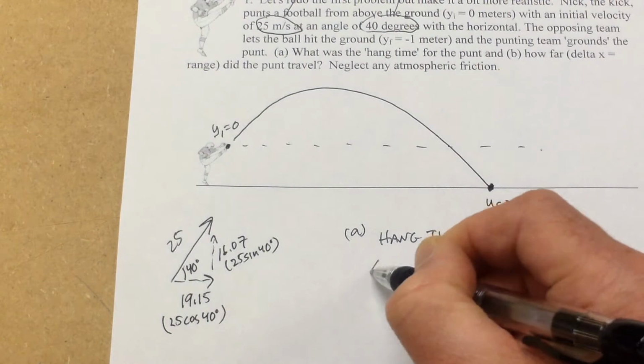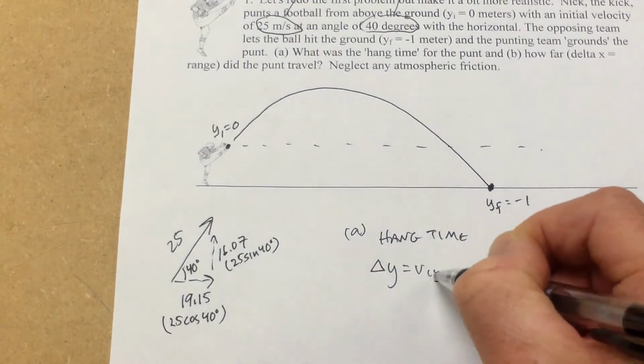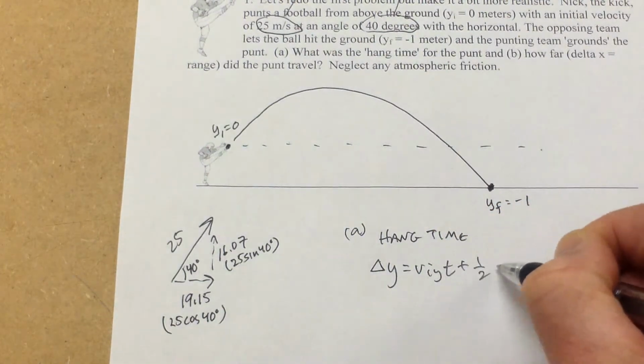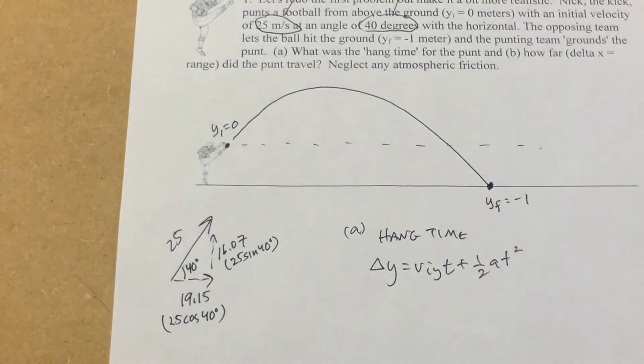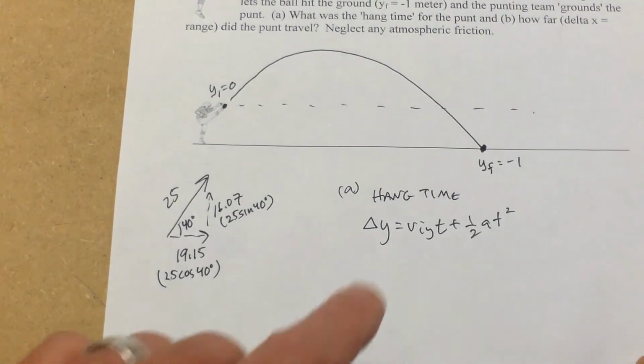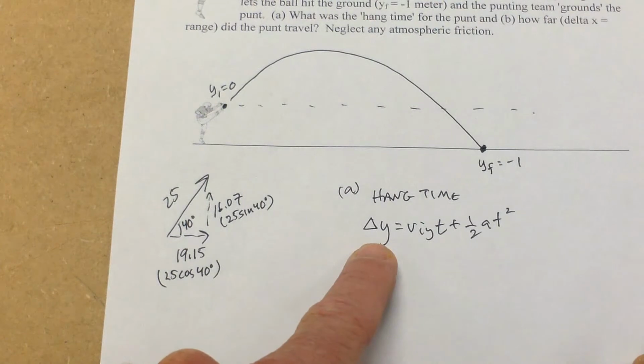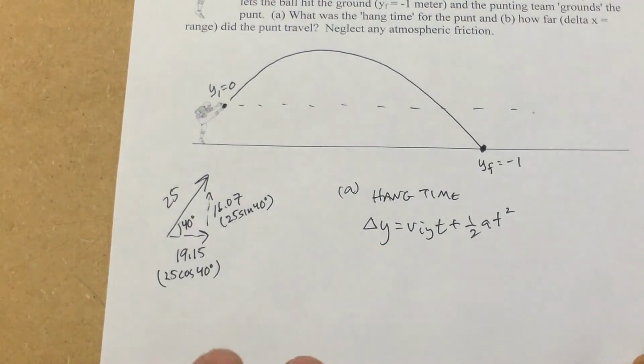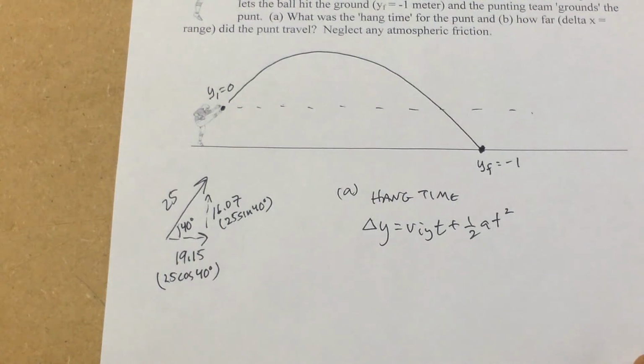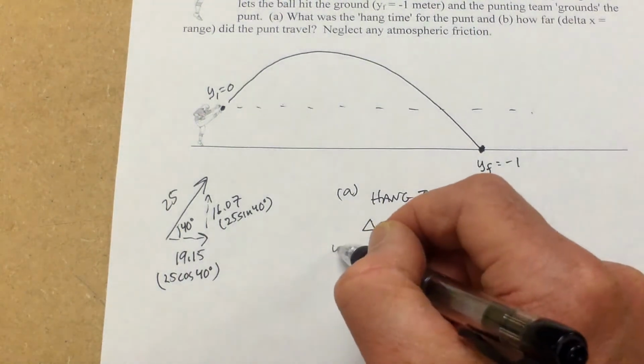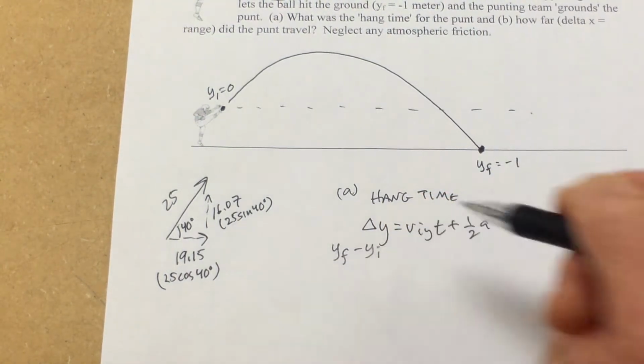With the type 2, we wrote down the how far equation. We're going to do that again. With type 2s, our delta y was 0. But now, it's not 0. Remember, a delta means a final y minus an initial y.